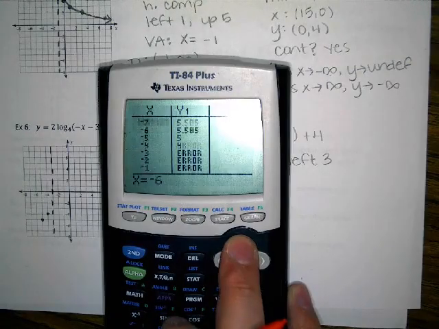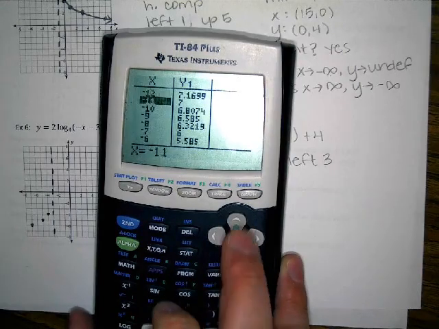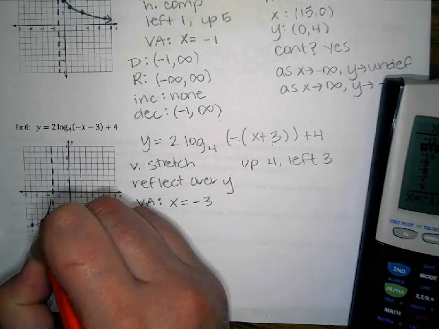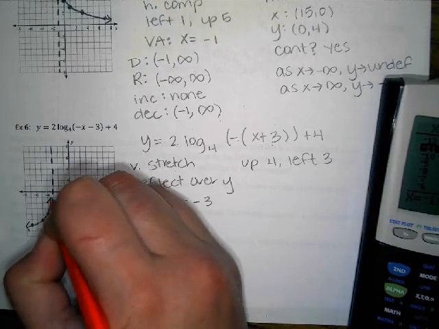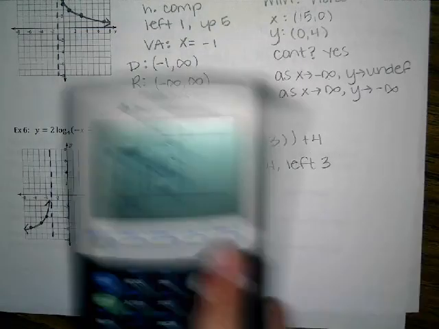Can't graph the next one. Did you put the negative x minus 3? Plus 4?